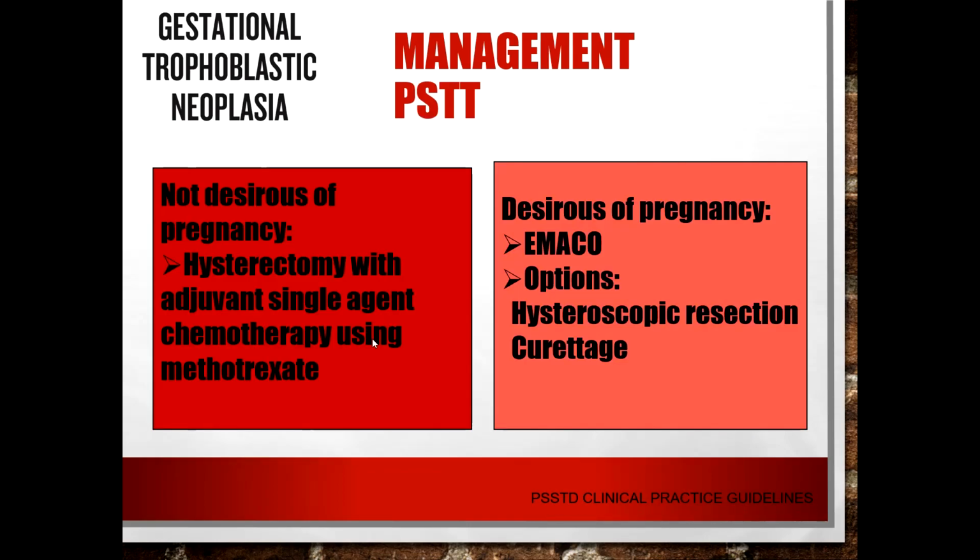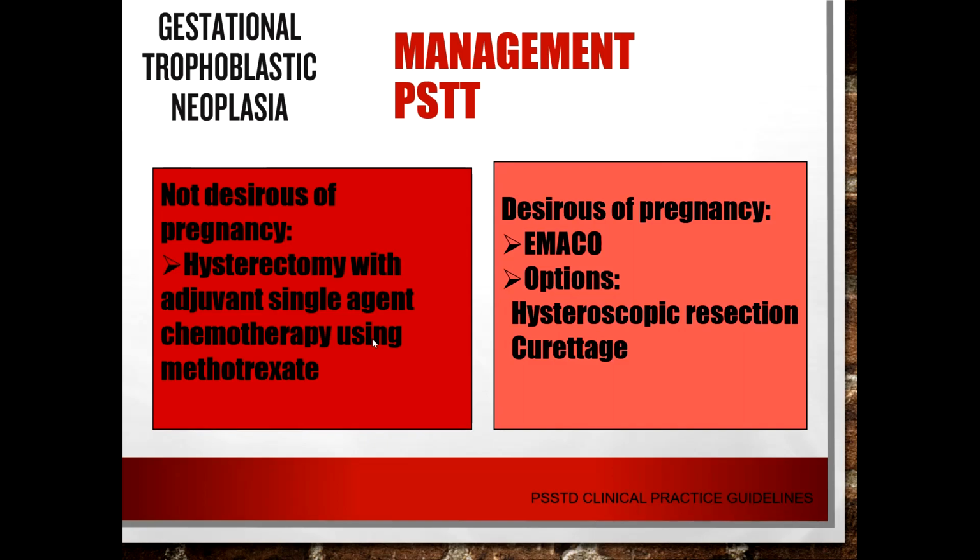Hysterectomy is the treatment of choice for patients whose tumor is confined to the uterus, while for those patients with a lower FIGO stage who desire preservation of fertility, local resection and curettage may be therapeutic. But if the uterine disease persists, hysterectomy is indicated.